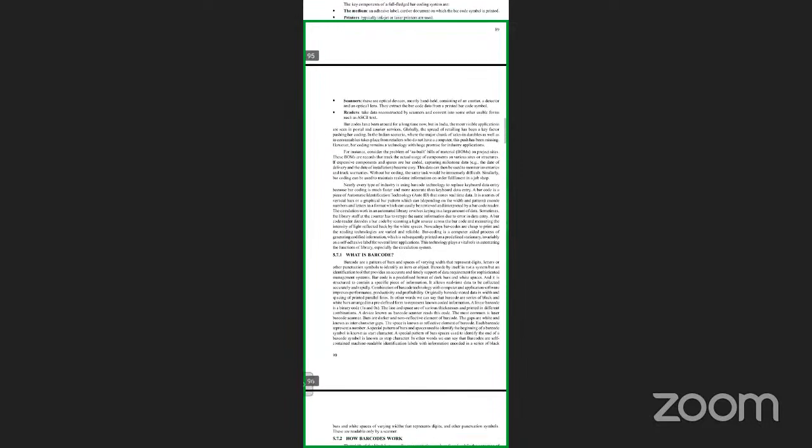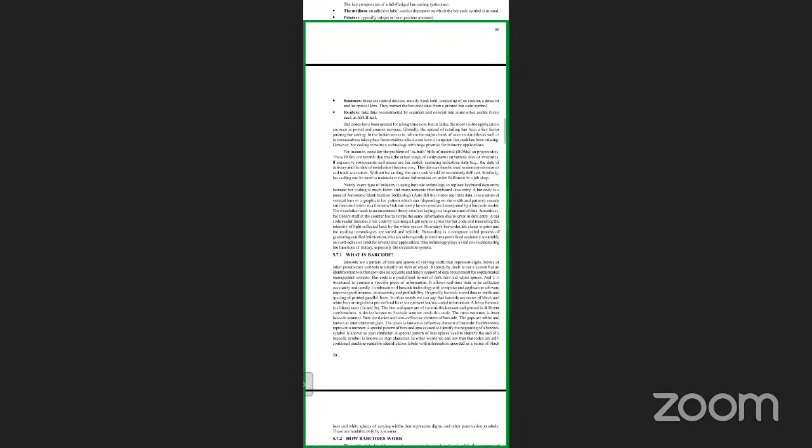So let us understand what is barcode. Barcode is nothing but a pattern of bars and spaces of varying width that represent digits, letters, or other punctuation symbols to identify an item or object. And barcode by itself is not a system, but an identification tool that provides accurate and timely support of data requirements for sophisticated management systems.